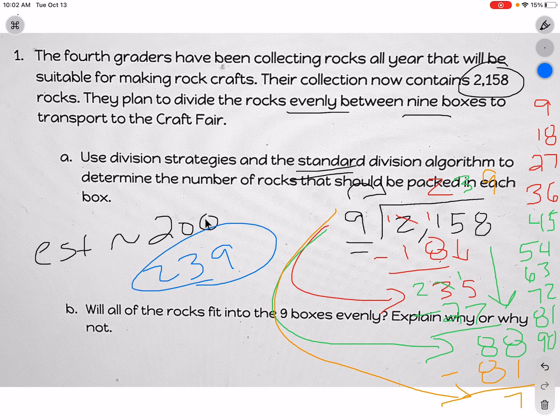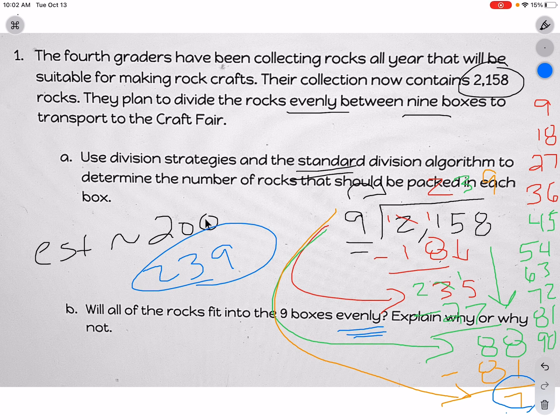Will all of the rocks fit into the 9 boxes evenly? Explain why or why not. Well, you should see here that we have 7 remaining. The key here is that they have to fit evenly. I can't distribute those remaining 7 rocks evenly among 9 boxes because I only have 7.